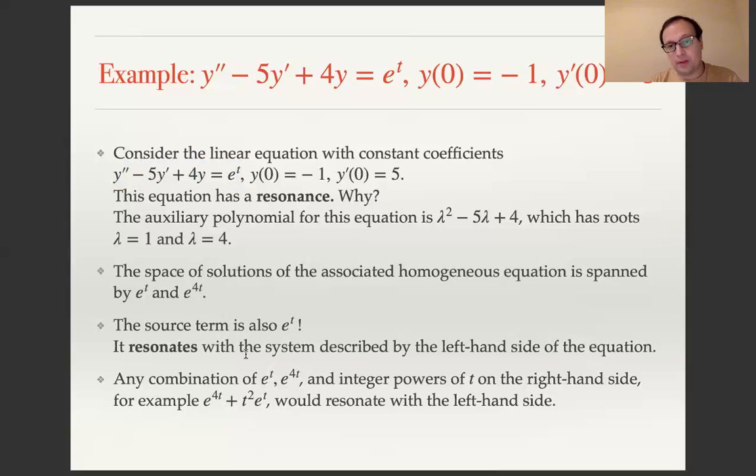So when would we have such a resonance? Any combination of e to the t, e to the 4t, or this times integer powers of t on the right-hand side, so in the source term, would resonate with the left-hand side. So for example, e to the 4t, or t squared e to the t, or their sum, or I don't know, 3 times e to the 4t minus 3t squared e to the t would resonate with the left-hand side.